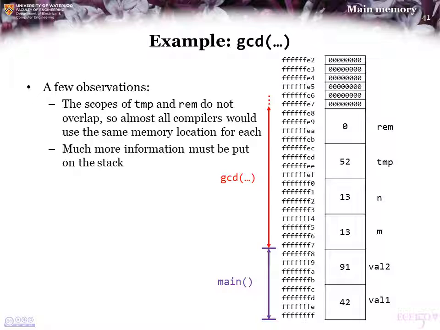Another point is that a lot more information has to be put on the stack than just parameters and local variables. For example, which instruction to continue executing at, what is the location of the bottom of this so-called frame, for all of this information, et cetera. However, all of this will be covered in your courses on digital computers.